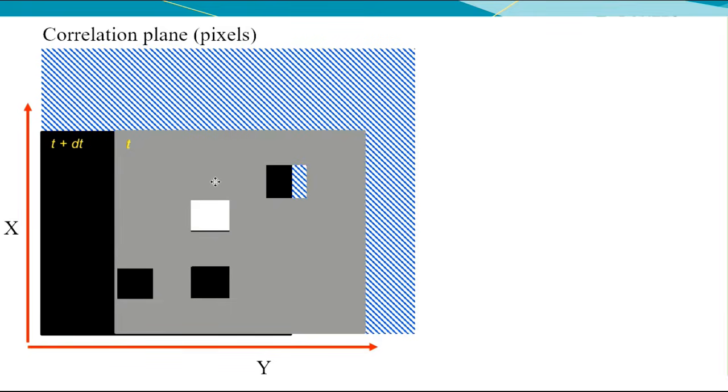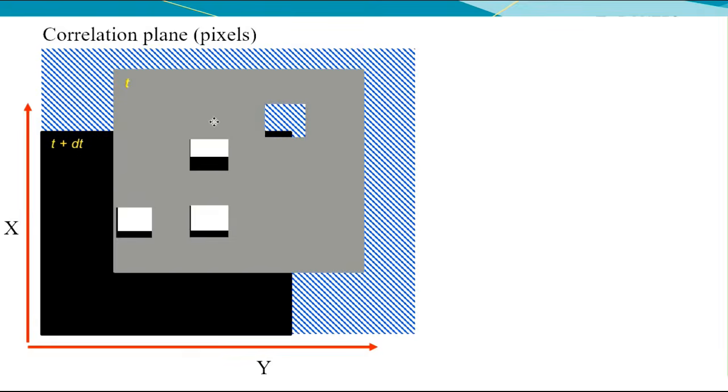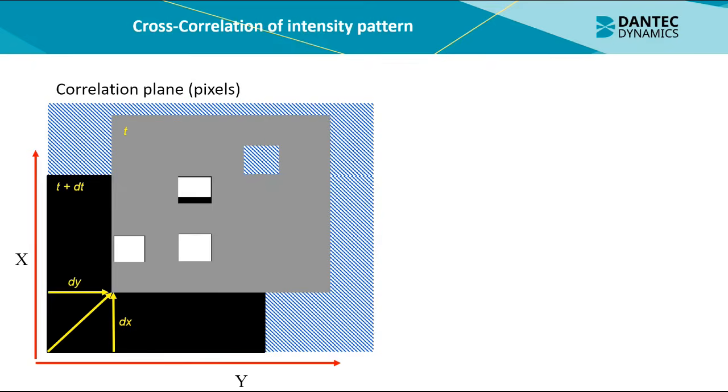The computer compares the two to try and find the best match possible between the two time steps. Once it finds this, it can calculate how far the particles moved in the x and y direction. Then it calculates a final vector.